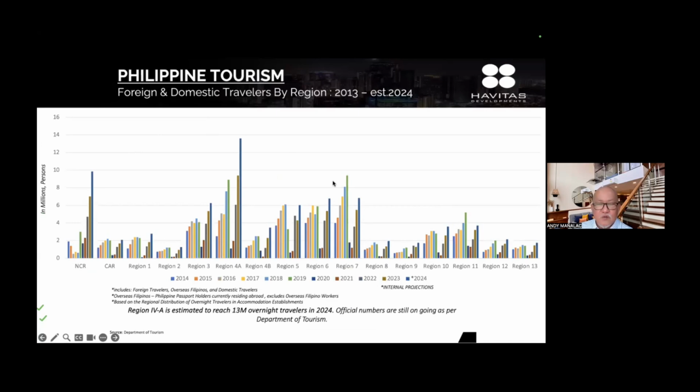Now, by region, where are they? NCR, 3, 4A. But the thing is that 3 is going to catch up also, because you see the Clark International Airport is continuously improving. It has been voted as one of the most beautiful airports. They're increasing the number of flights there as well. And then by 2028 you'll have that rail link.